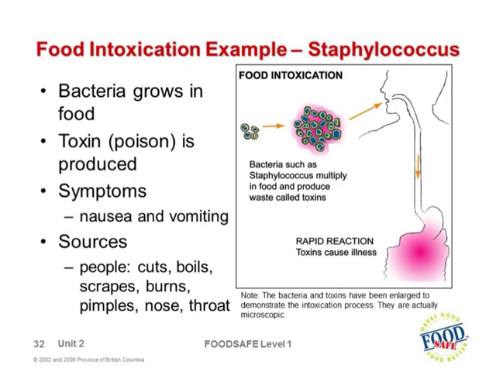This is why we need to make sure that anytime we cut ourselves, we wash our hands. Anytime you touch your face, you wash your hands, just to make sure that Staphylococcus bacteria doesn't get transferred to a place where it can grow and multiply and leave the food intoxication behind and make people sick.